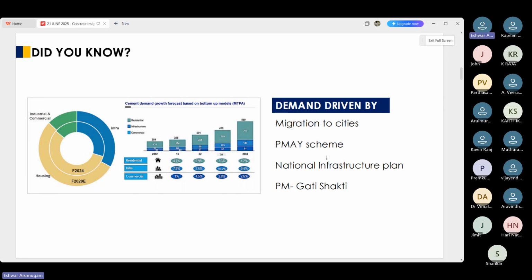And the infrastructure segment is also projected to witness high demand owing to the government expenditure in schemes like the National Infrastructure Plan and the Pradhan Mantri Gati Shakti Plan, etc. So actually, the National Infrastructure Plan, it is anticipated that India's infrastructure will expand at about 9% per annum between 2025 and 2030.